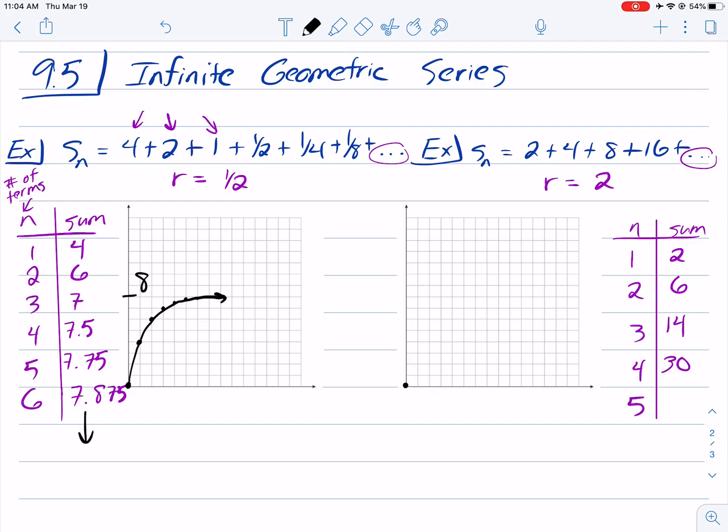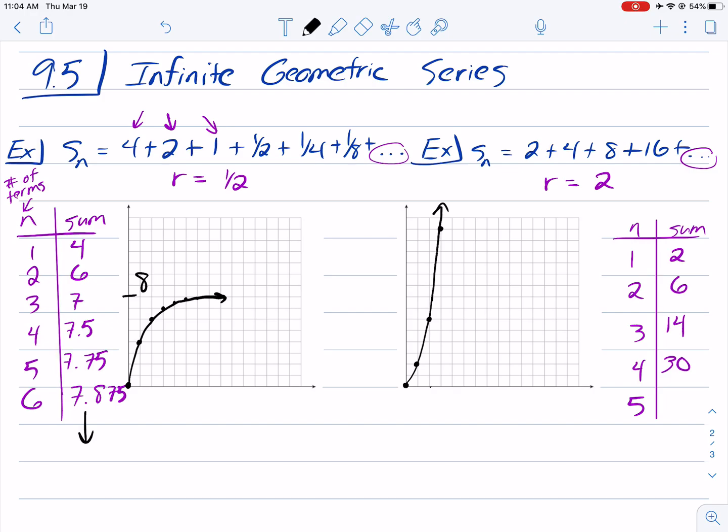In this second example, where our ratio was 2, starting at 0, 0, 1, 2, 2, 6, and then 3, 14. We're not really approaching anything here. This is just going on forever.